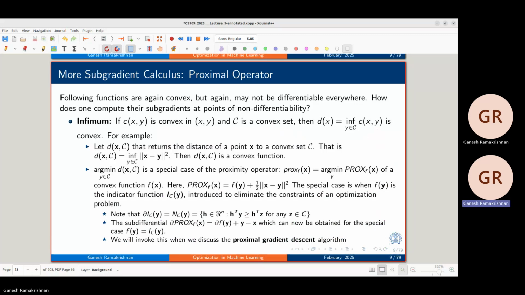If it's a prox, then the subdifferential, in this case, is the subdifferential of the one norm of y plus y minus that simple gradient that I computed.